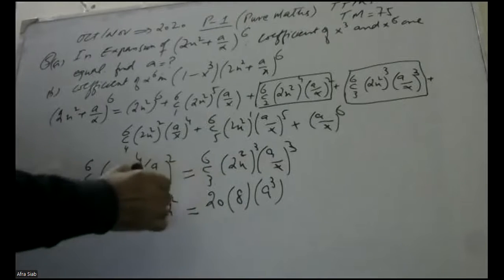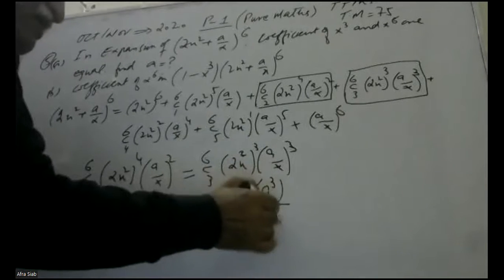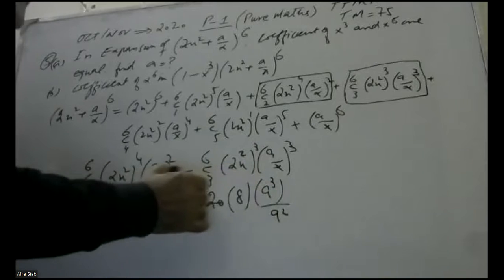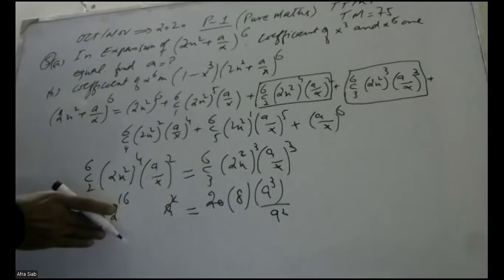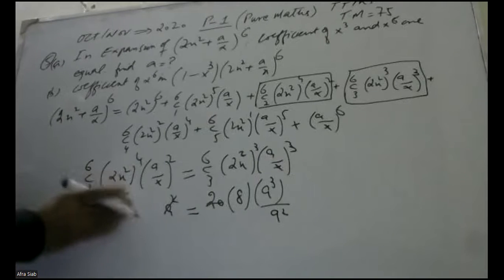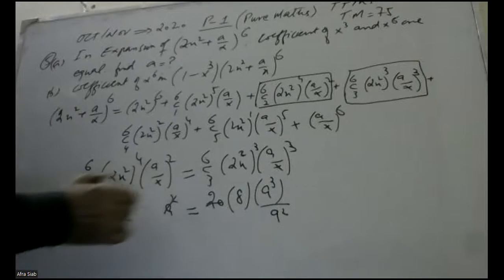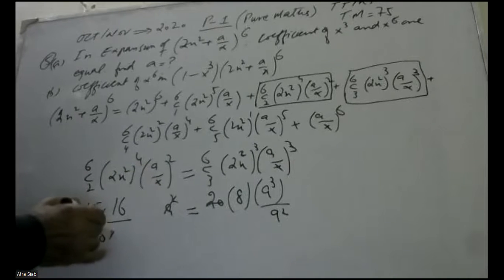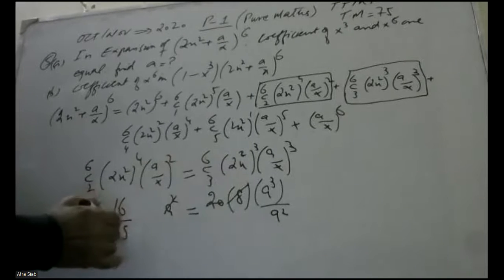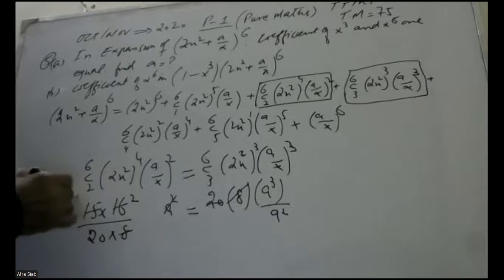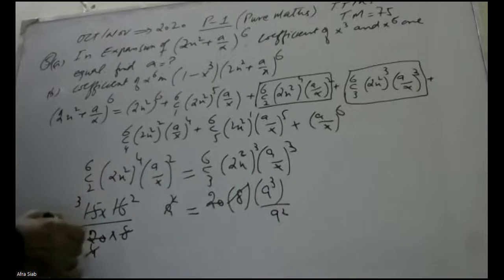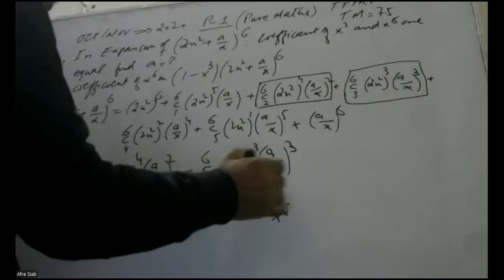Now a square will be divided on this side, and this 20 is coming here divided by 20. 8 is also going to divide it here. So 8 2s are 16, 5 3s are 15, 5 4s are 20, and a cube over a square.